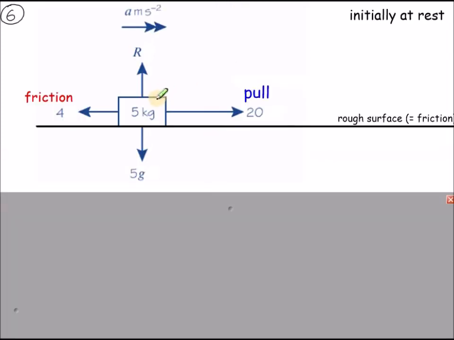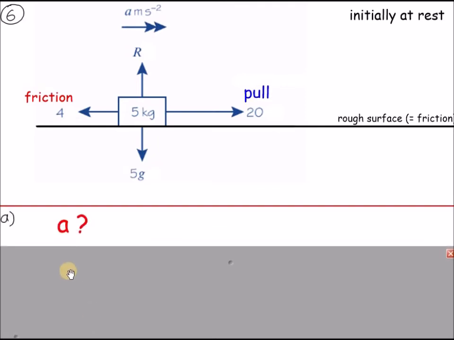Example 6. This mass is initially at rest, and there's a force of 20 newtons to the right, which is pulling the mass towards the right, and there's friction which is trying to slow it down, going in the opposite direction. And there's some acceleration here, so we will have a resultant force in the horizontal direction because we have acceleration in the horizontal direction.